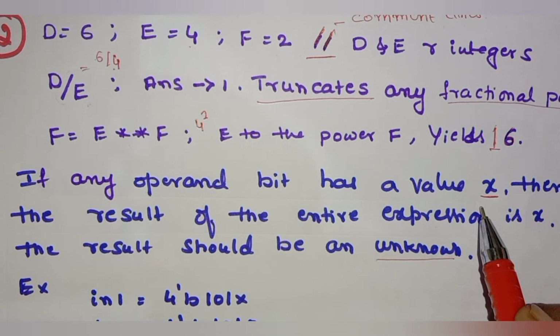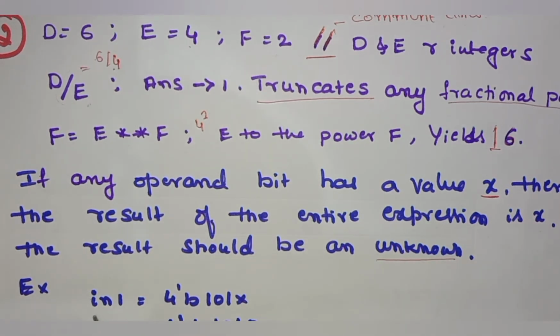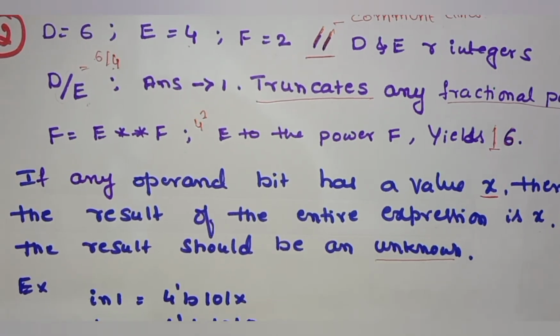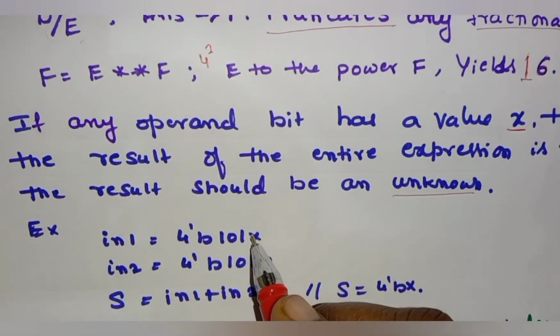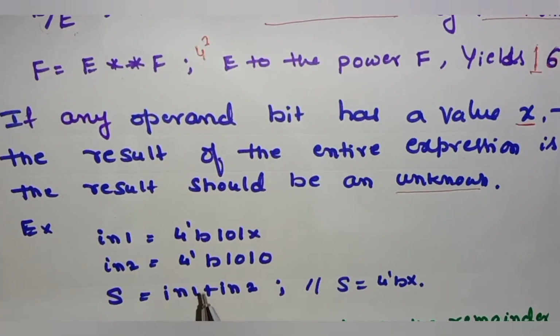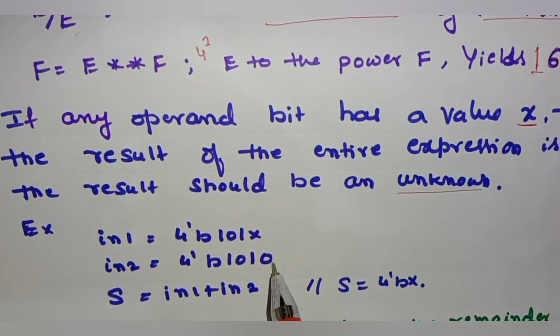So think that this is one input value, a 4-bit binary with value 101x. Then the second number is the 4-bit binary 1010.